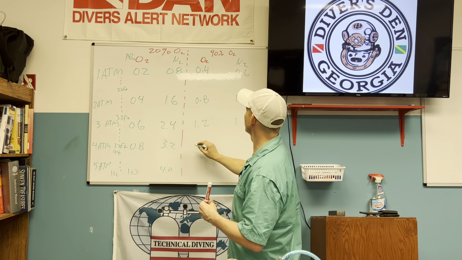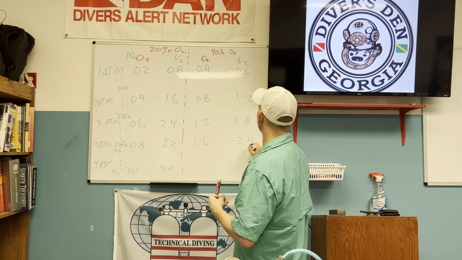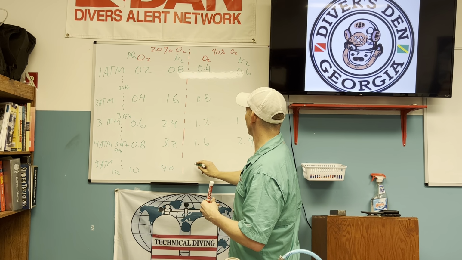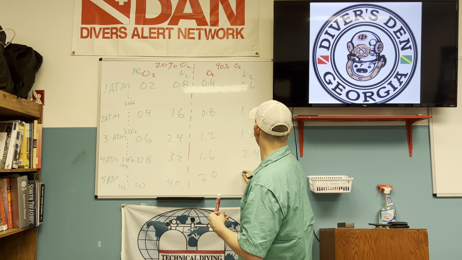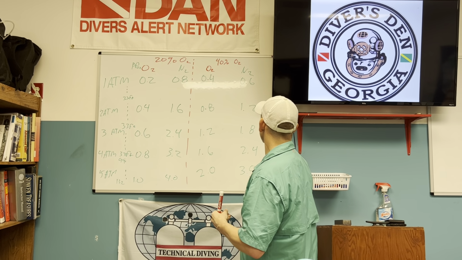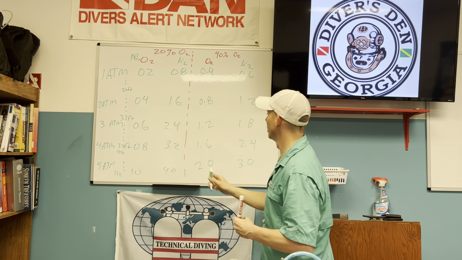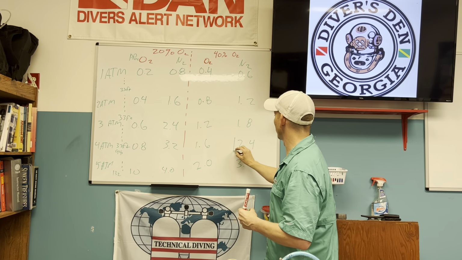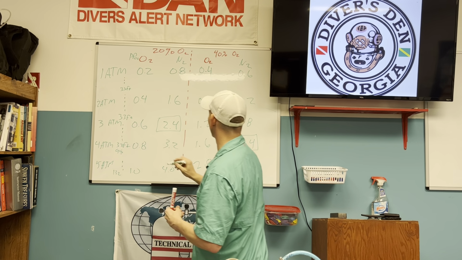At 4 atmospheres, it's going to be 1.6, and we'll be at 2.4, and then at 5 atmospheres it's going to be 2.0, and we're going to be at 3.0. So if you examine the nitrogen column here, you'll note that this number and this number are identical.